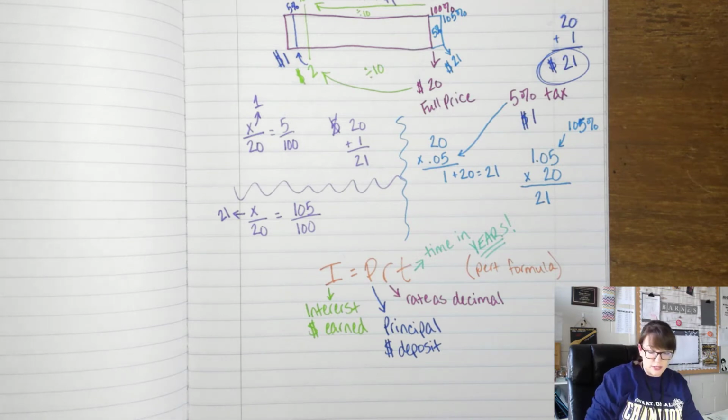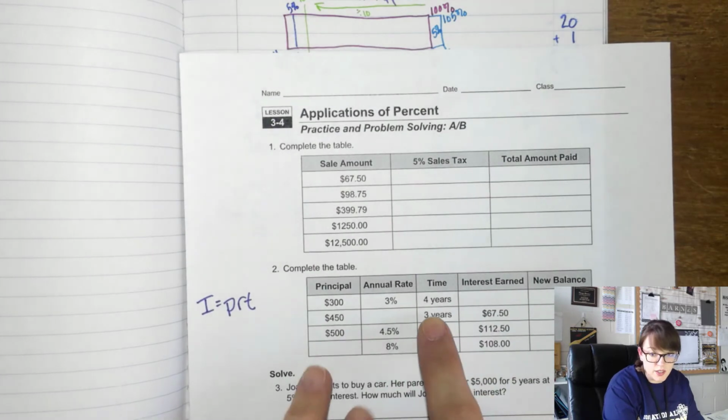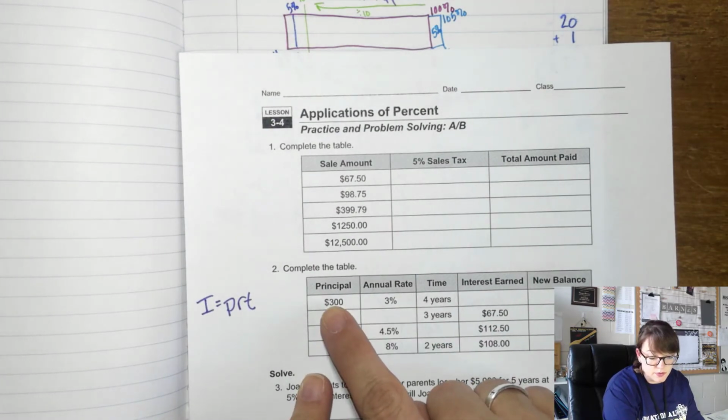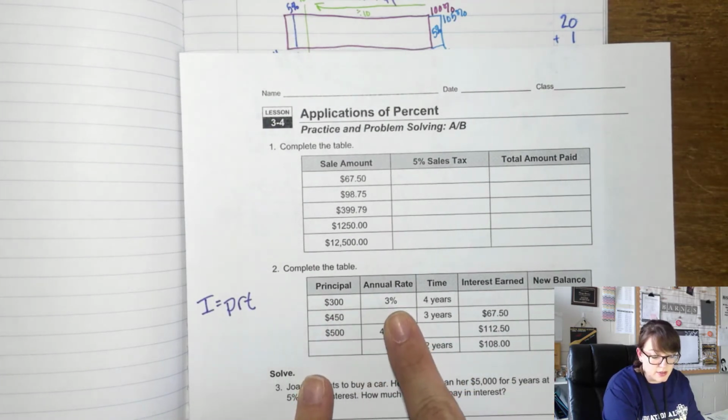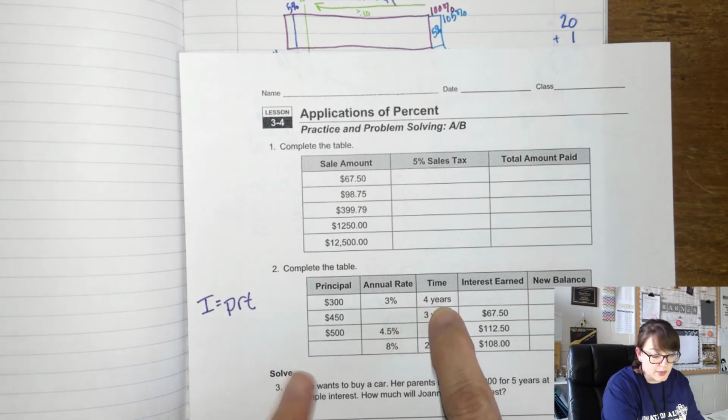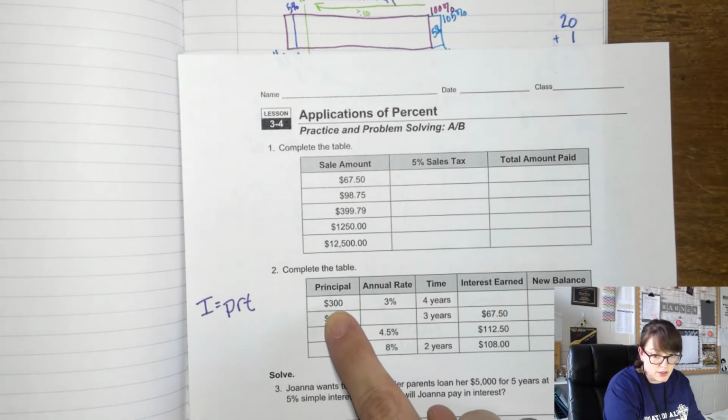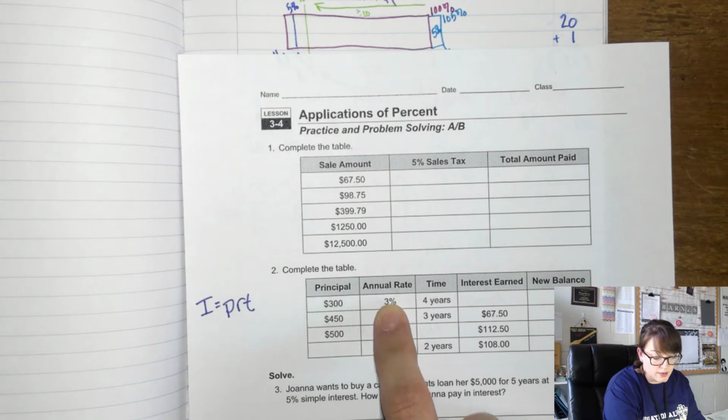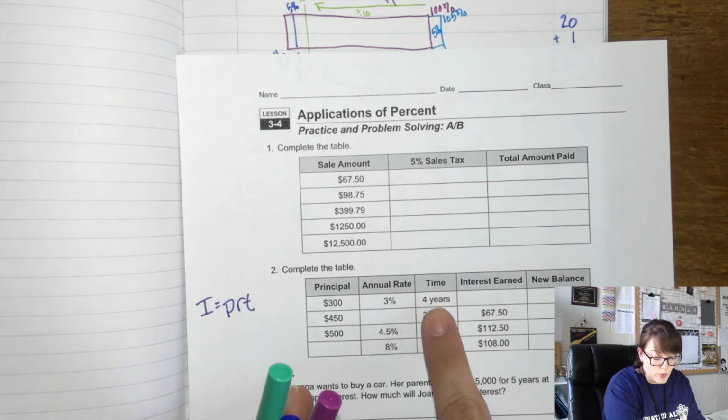So from your worksheet, let me put this up. Right here, this is my principal, this is my rate, this is my time. So I'm going to take 300 times 0.03 times 4.